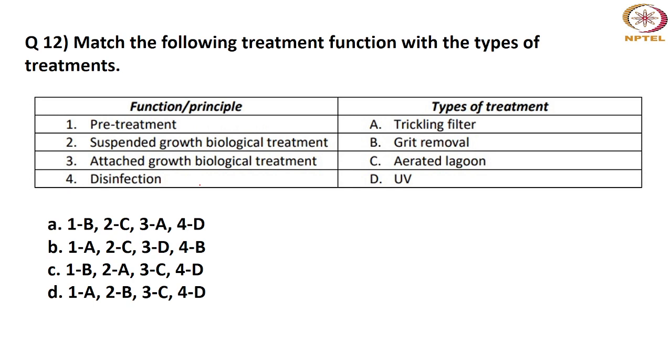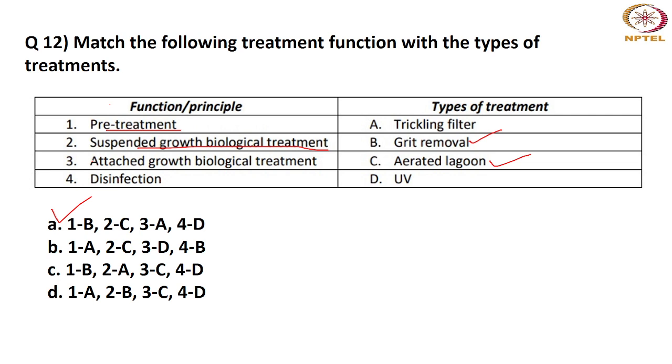Right. So the correct answer is A, and we will check why it is the correct answer. The first one is the correct answer. It is pre-treatment, and pre-treatment is nothing but grit removal. I already discussed this in a previous question. Then the suspended growth biological treatment, and this is the aerated lagoon.